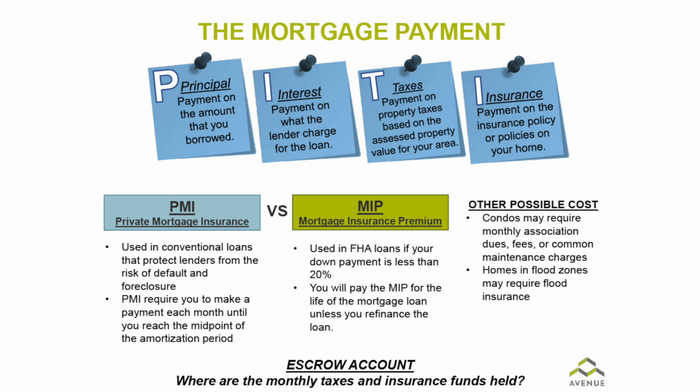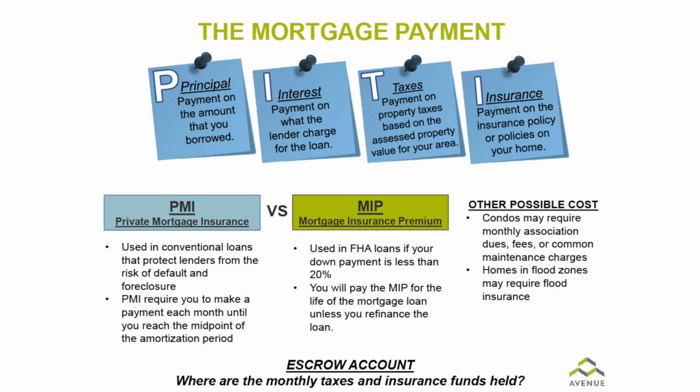It's kind of like paying on your car. If you have a lot of equity in it, meaning you've made a whole bunch of payments, you're not going to risk losing it. So the private mortgage insurance covers that until you reach that 20%, versus your MIP, which is your mortgage insurance premium.